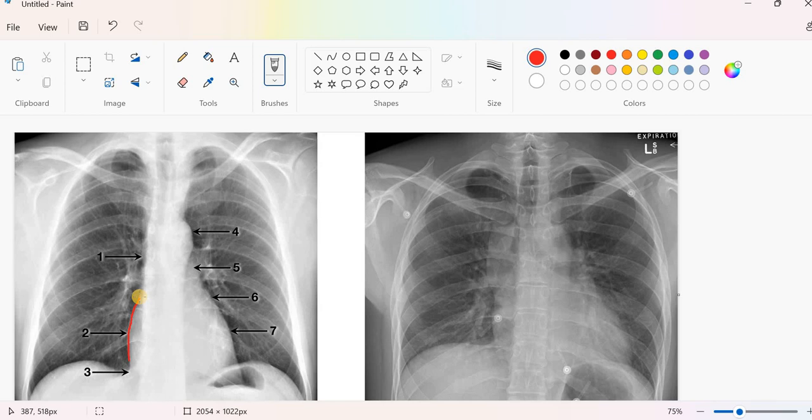It is located to the right side of midline and it is a little bit convex. Now this right border, which is made by the right atrium, if we go upward with it a little bit, it will lead us obviously to the superior vena cava shadow. So this very small shadow is the superior vena cava.